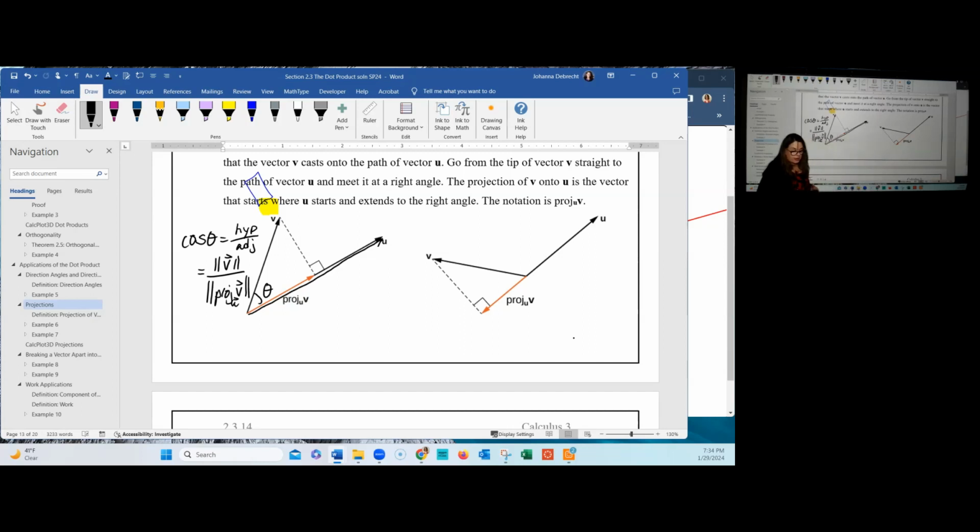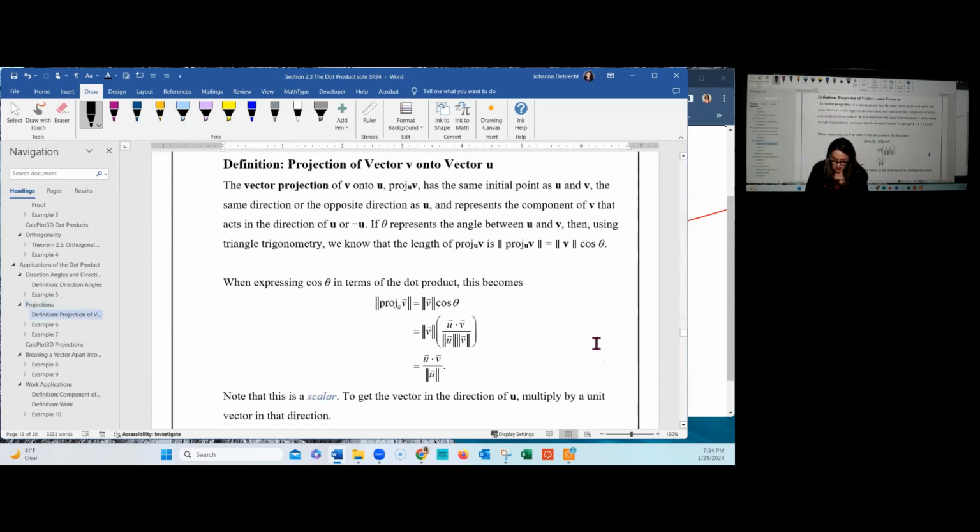So then I can simply solve for the projection of v on u. Did I do that right? I've got the magnitude of v over this, so hypotenuse over adjacent. So that's going to give me the projection is equal to the magnitude of v times the cosine of the angle.